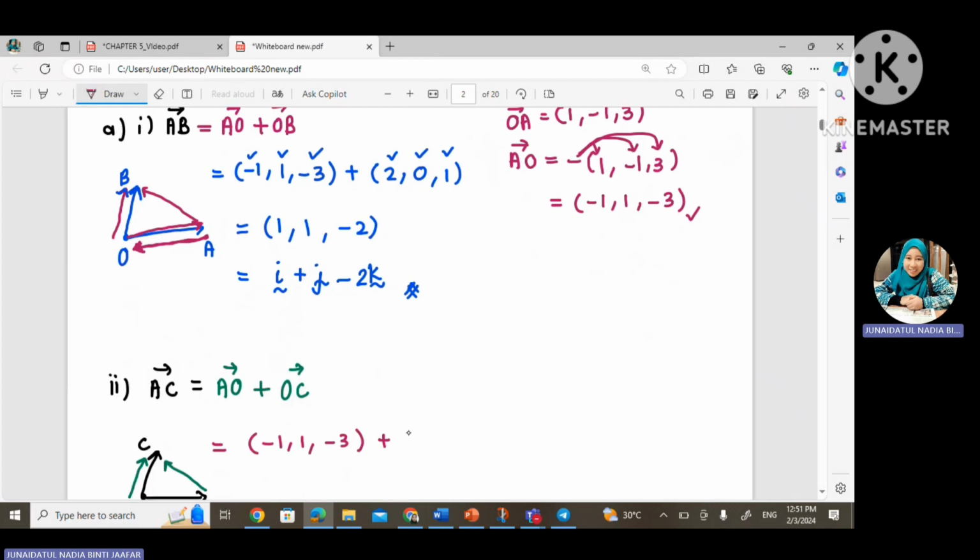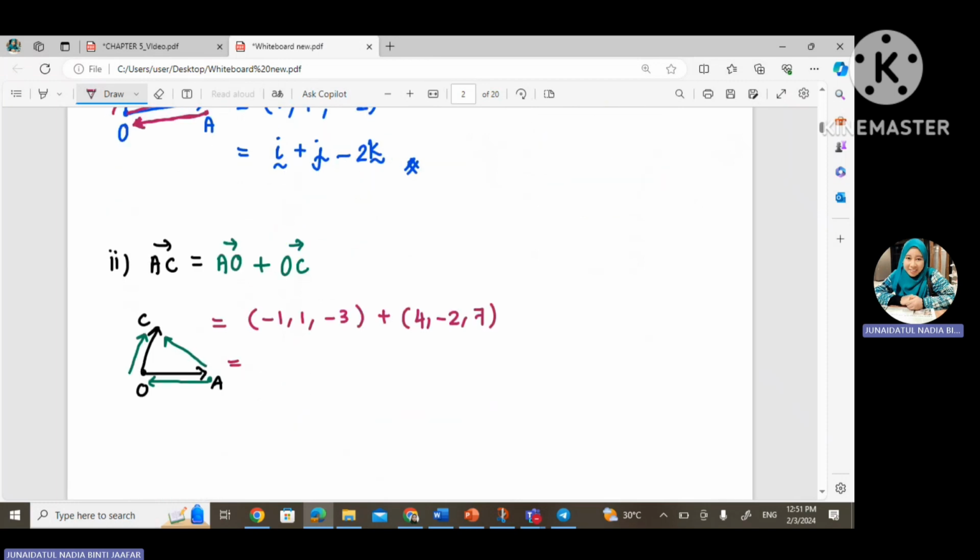So plus 4, negative 2, 7. So we have negative 1 plus 4 is 3. 1 plus negative 2 is negative 1. And negative 3 plus 7 is 4. So we rewrite or express in terms of I, J, K. So we have 3I minus J plus 4K.